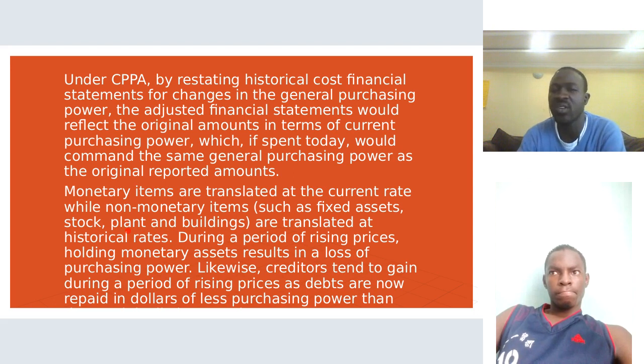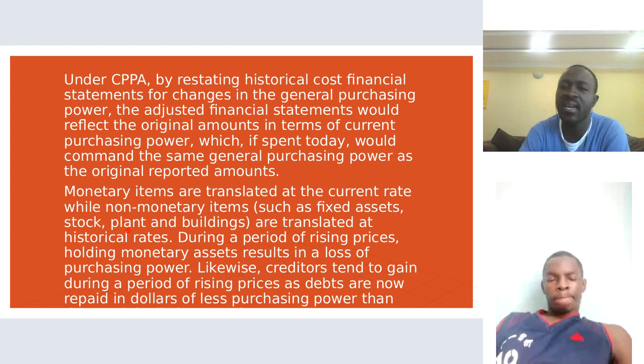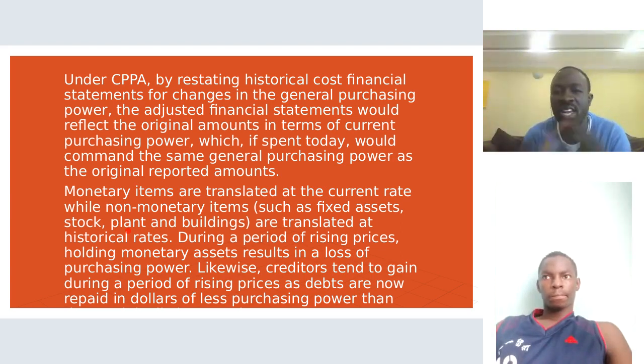So at the rate at which they were acquired. Now you will find that a plant is just a collection of different machines. More machines compacted together will form a plant. So that is the meaning of a plant in accounting.